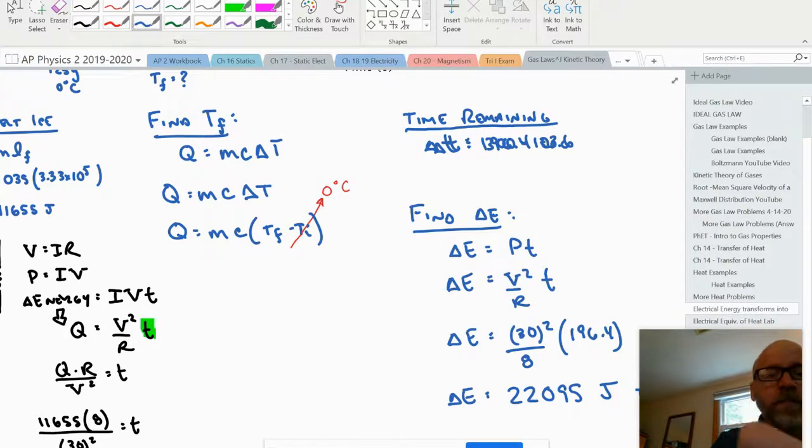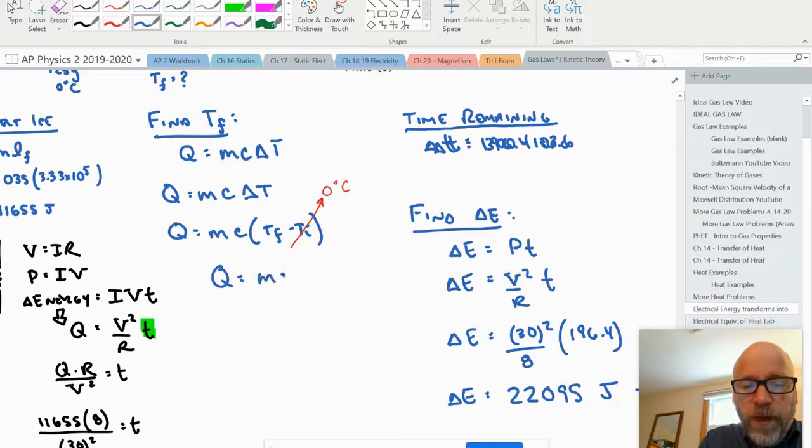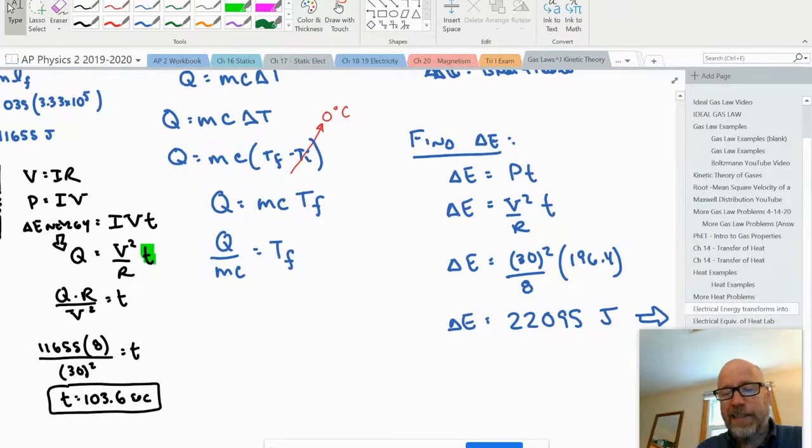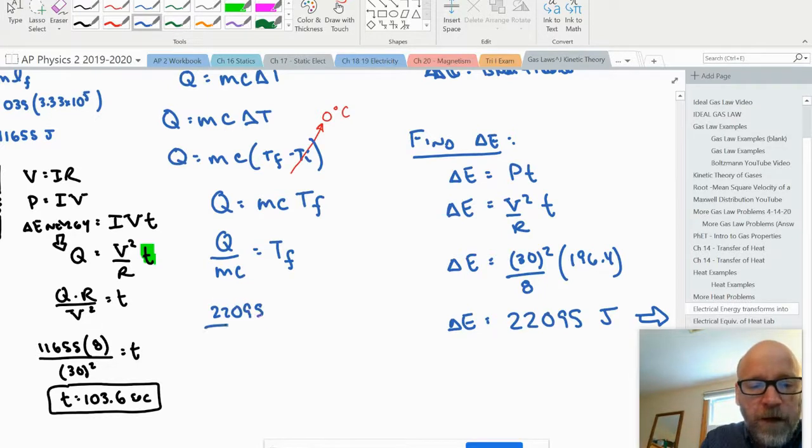So if I were to write this as Q equals MC temperature final, Q divided by MC, 22095 divided by 125 times 4186 gives me a final temperature of the system.